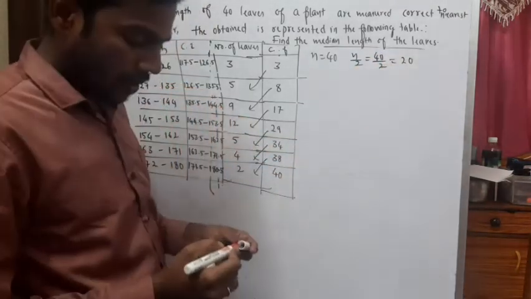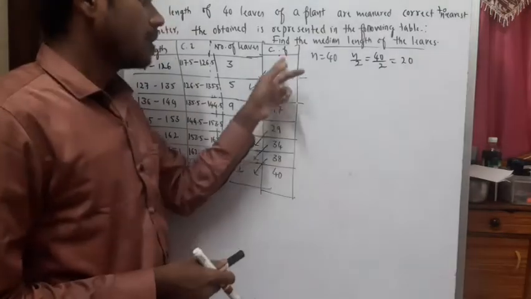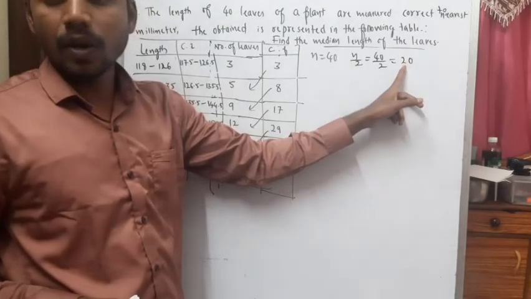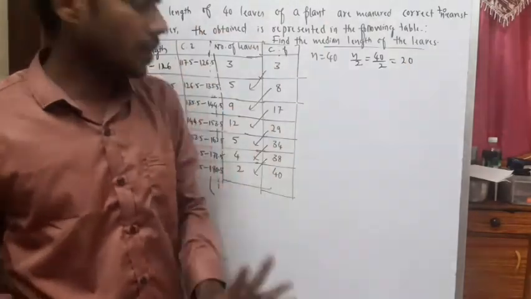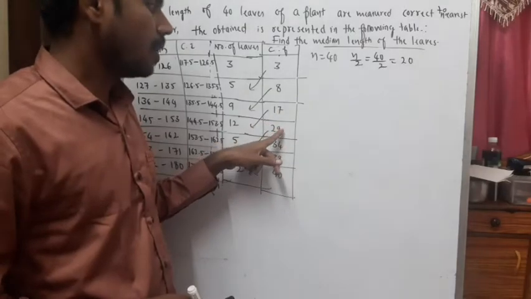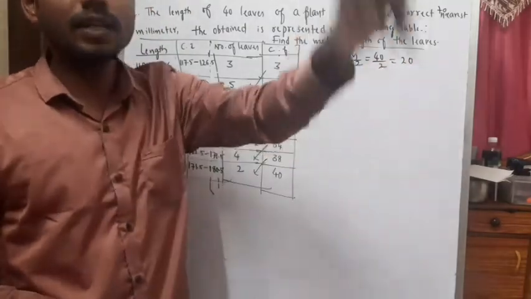Fine. What we need to do is select the cumulative frequency that is near to 20 and more than 20. 17 is less than 20. 29 is near to 20 and it is greater than 20.